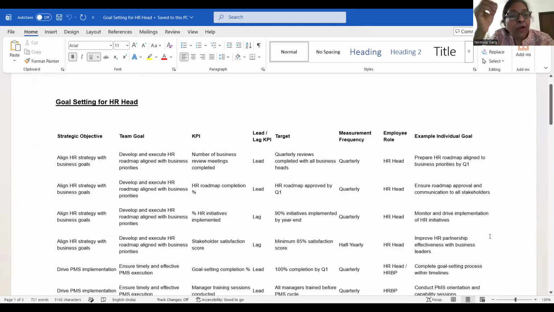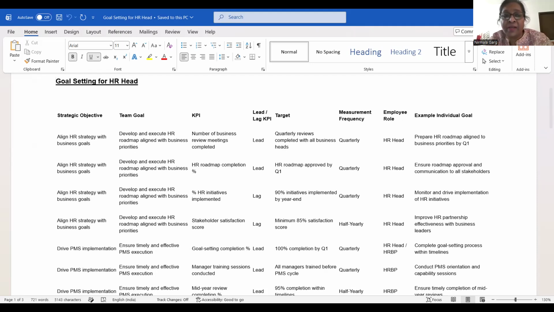All right. Yesterday, we were talking about one goal, which is, sometimes we understand, to align HR strategy with business goals. Typically, an HR head's key strategic objective is that he has to align the HR strategy with business goals. That means HR strategy will comprise all kinds of functions, which will be recruitment, performance management, compensation, L&D, everything.